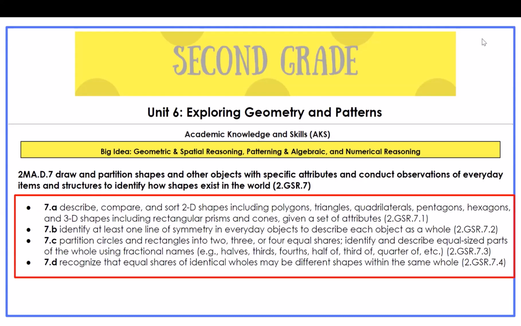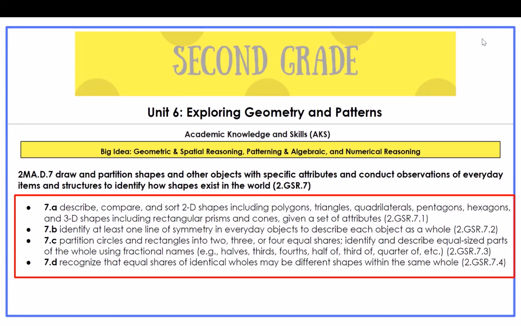So in Unit 6, we have the opportunity to explore two-dimensional and three-dimensional shapes and partitioning and describing equal-sized parts like last year. Although this AKS is not new, there are some additional components to it this year. For example, IOA 7B Symmetry is a new standard for second grade.